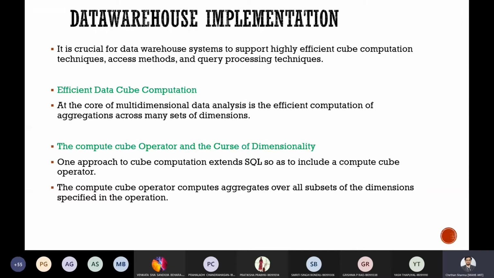But since it does the aggregation over all subsets of dimensions, it can require excessive storage space, especially if the number of dimensions is large.